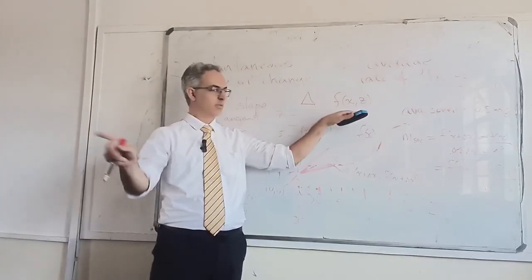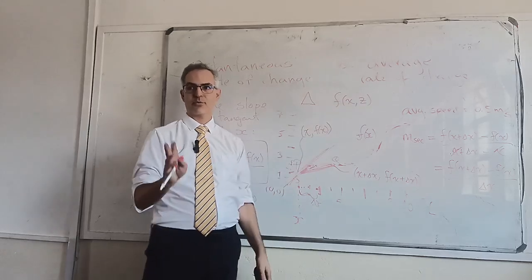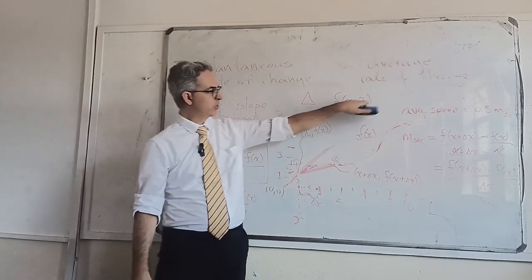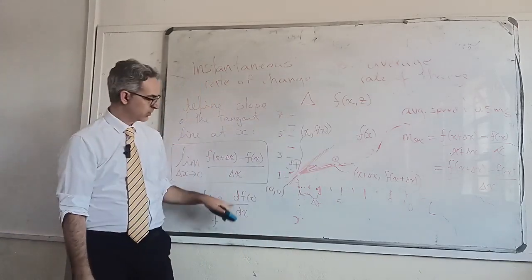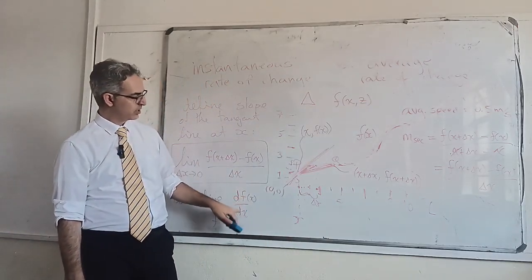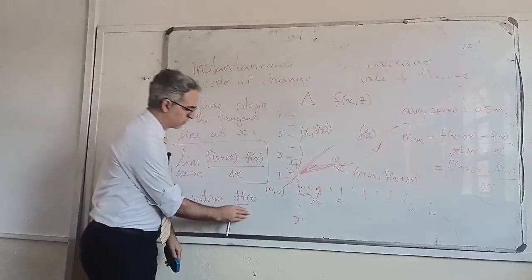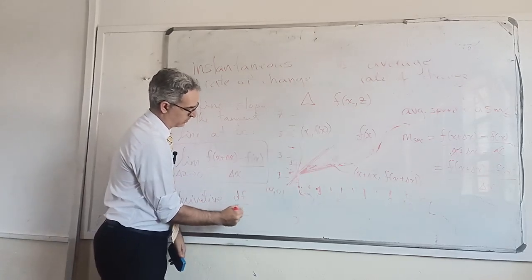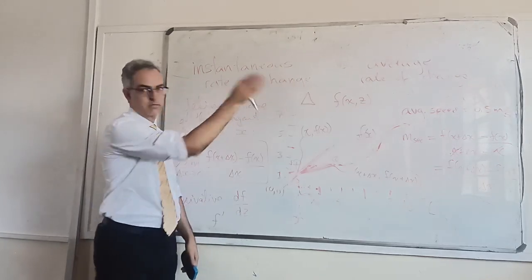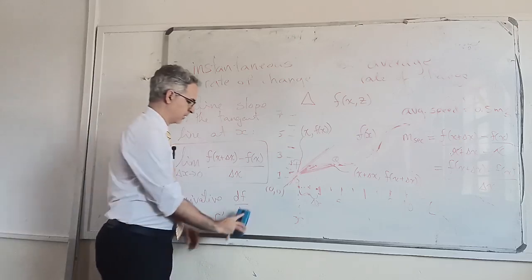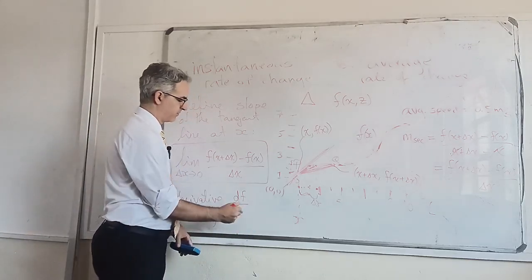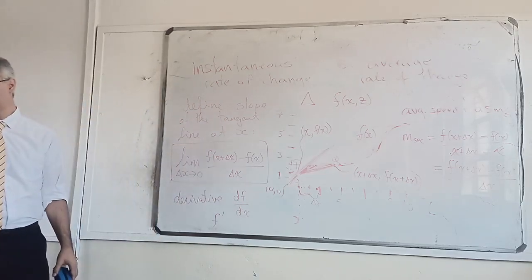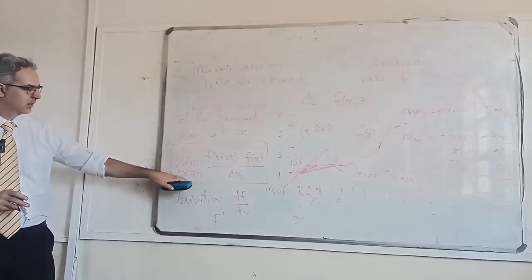Then you have to specify when you take a derivative, which of these variables it is for. So you say the derivative of f with respect to x, or with respect to z, or whichever variable you have. But for now, we just have the derivative of f. That's enough.